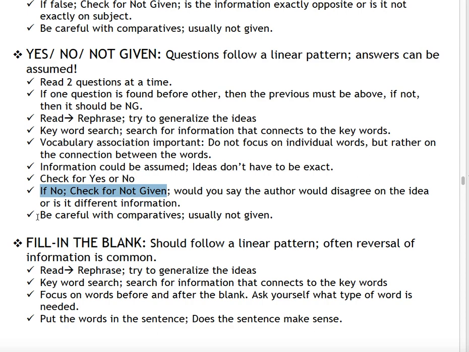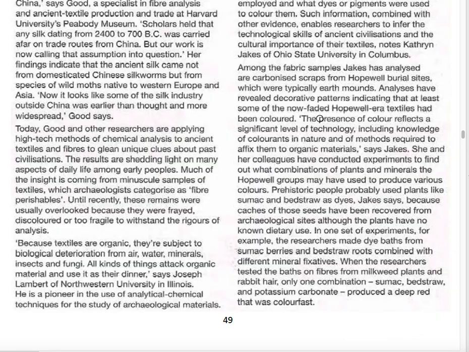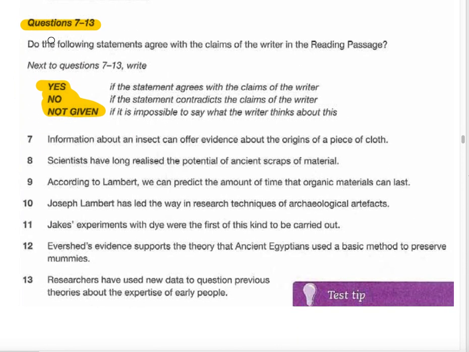And it also says here, be careful with comparatives. Yes, comparatives. It's usually not given because it doesn't usually compare two things. It just mentions them. So that's a good point. Okay, so you can read that again in your guide. Remember, that's page 59. Now back to here. Let's read question 7. Okay, let's erase that.